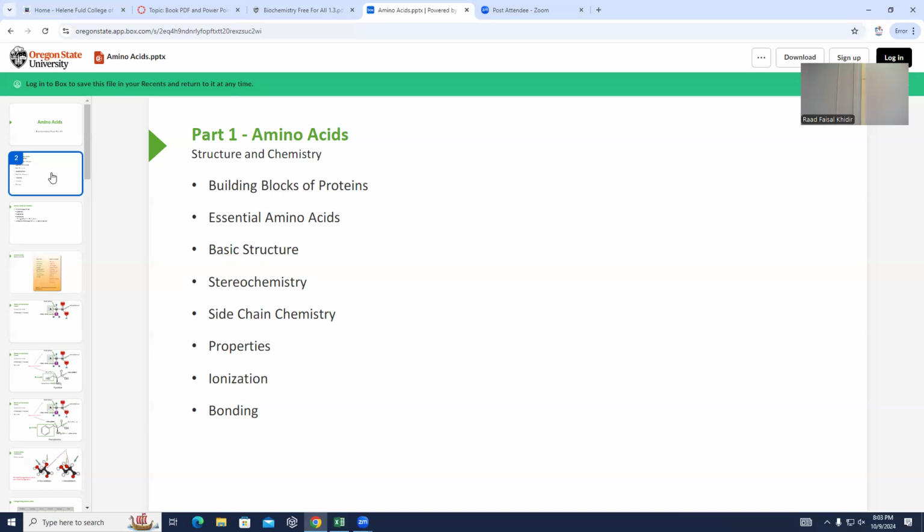Functional proteins are like myoglobin and hemoglobin. Okay, so if I want protein, there's no way I can get protein except through this way.